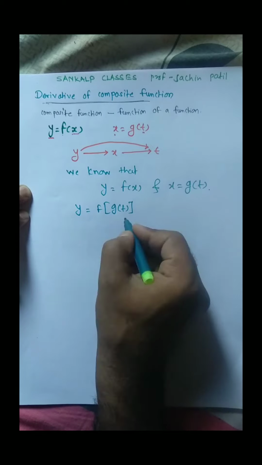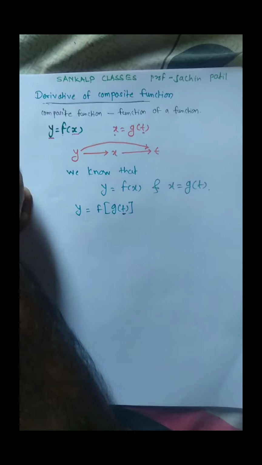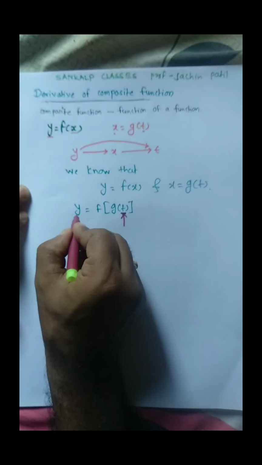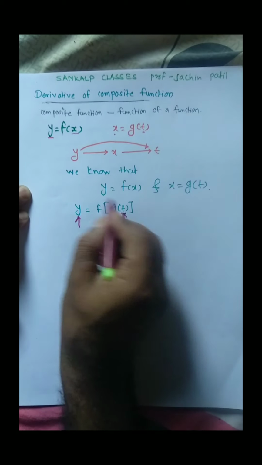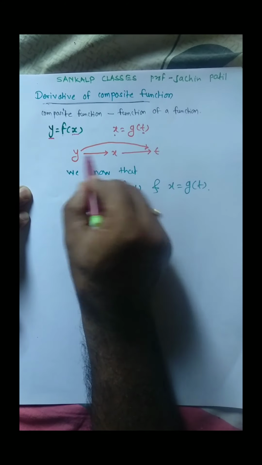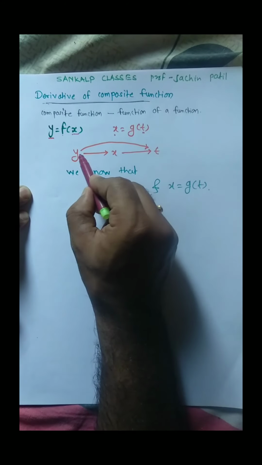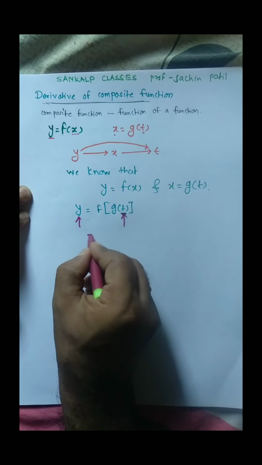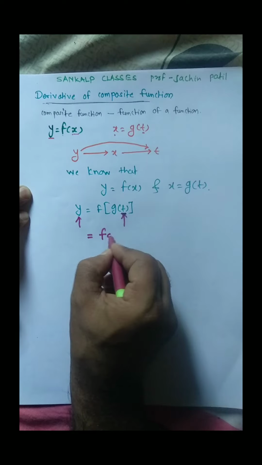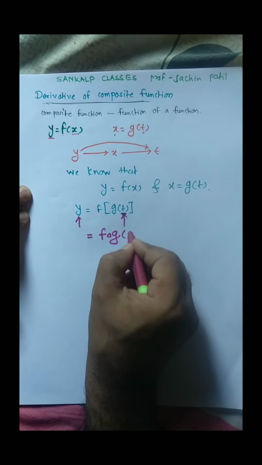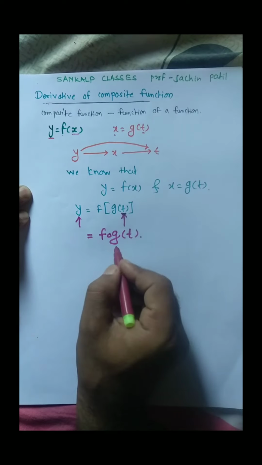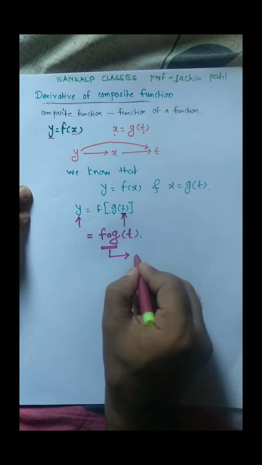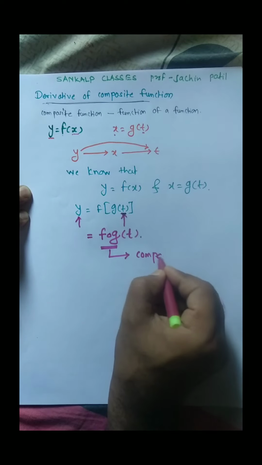In this function, t is the independent variable and y is the dependent variable which depends on t. That means y is a function of x, x is a function of t, so y is indirectly a function of t, and this is written as f o g of t. This notation represents a composite function.